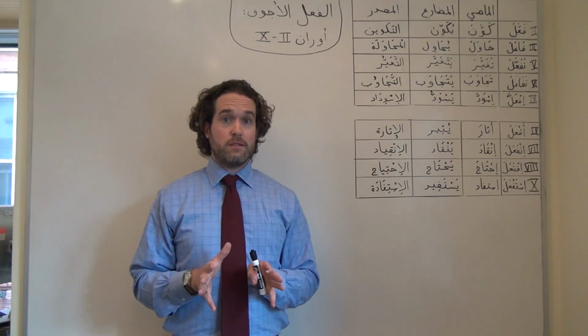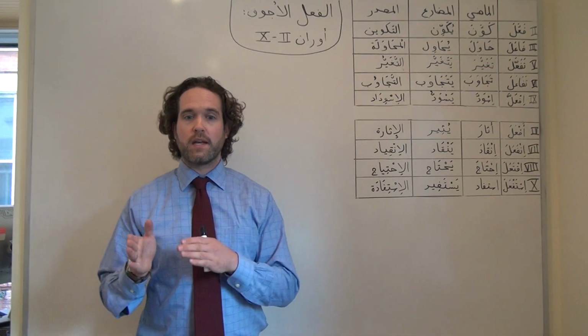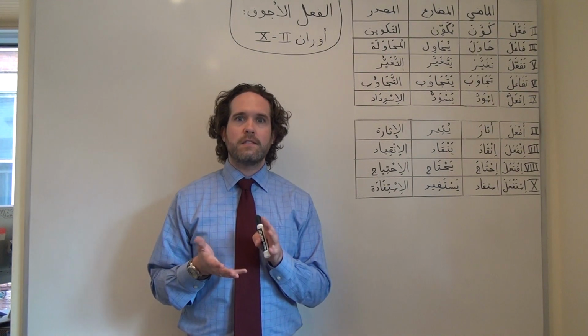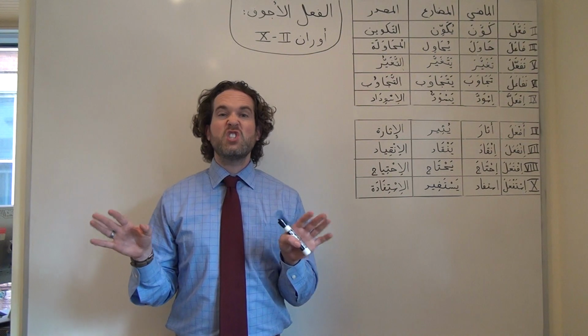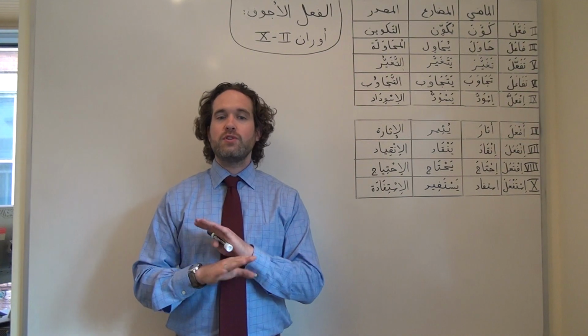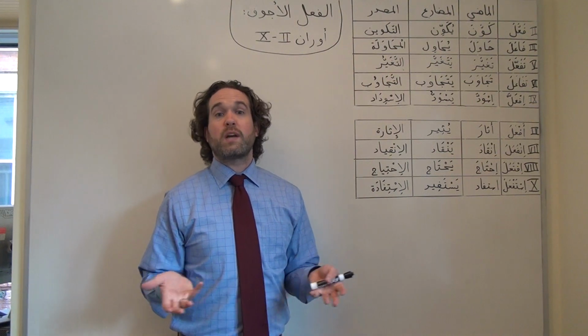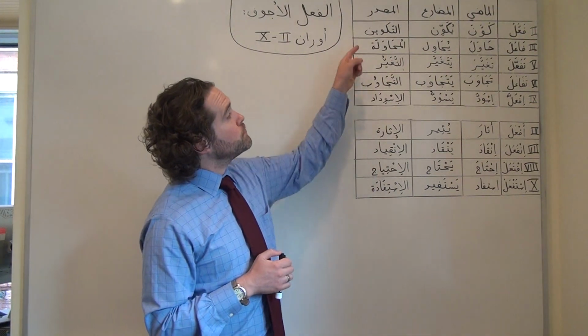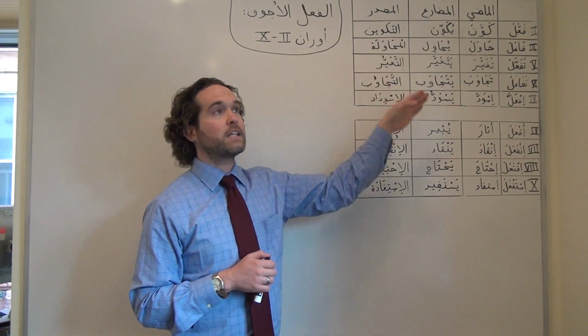So the good news is that for a majority of the derived verb patterns, 2 through 10, the waw or ya, that is the middle letter of the root, of the judr, functions just like a consonant, which means there's no deviation from the normal assembly instructions for regular verbs. For forms 2, 3, 5, 6, and 9, that's exactly what you see here.